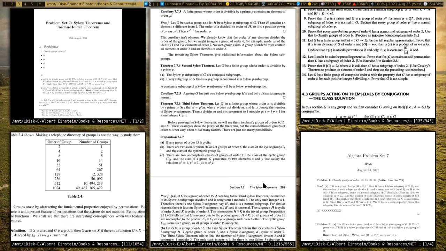So case 2 is going to be when there are 3: H1, H2, and H3.